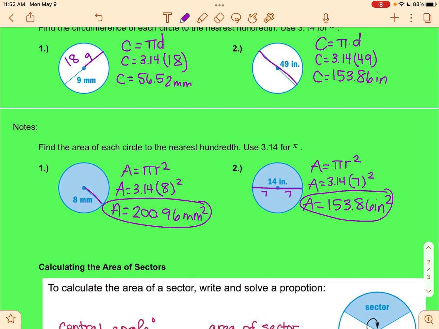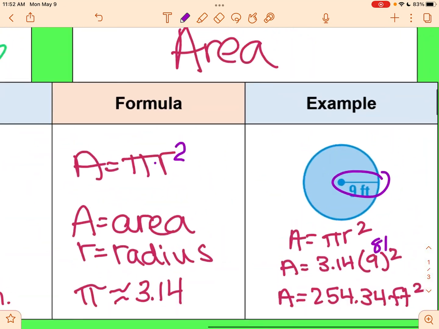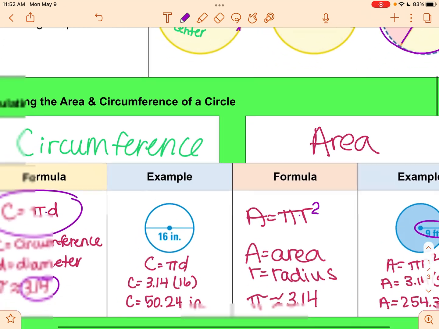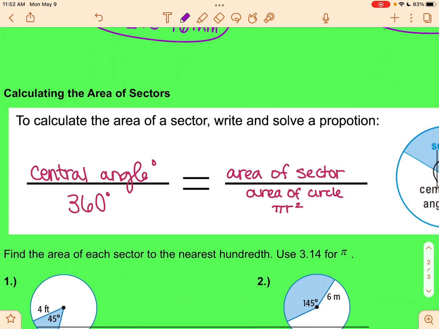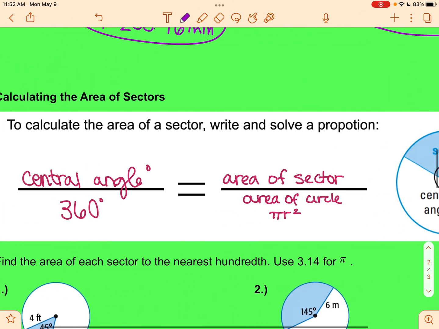Alright, so that's finding the area of an entire circle. Now we're going to talk about finding the area of a sector. So remember, a sector, up here, was part of our circle. Not the whole circle, part of it. So here's your proportion. It's your central angle, which is whatever is the angle of your sector. They will always tell you that.